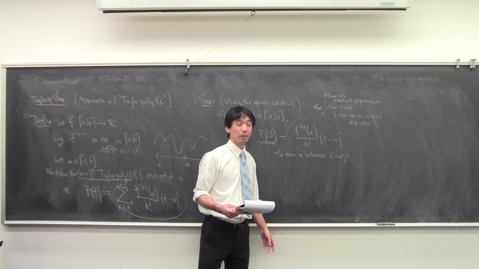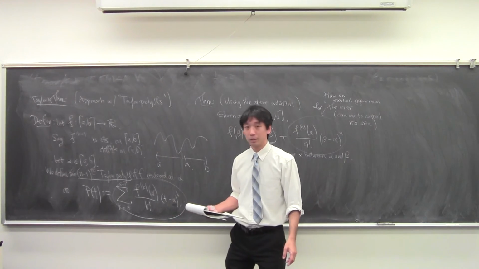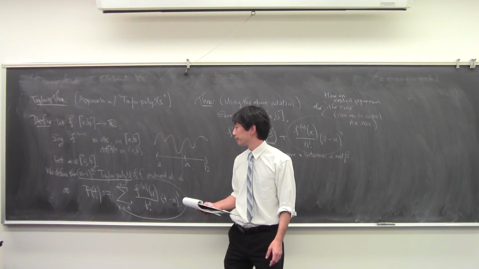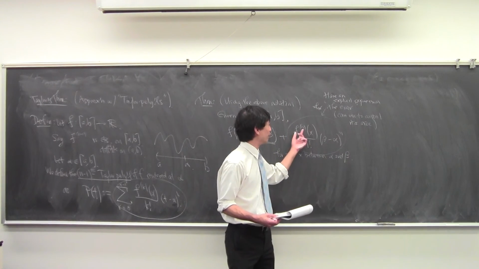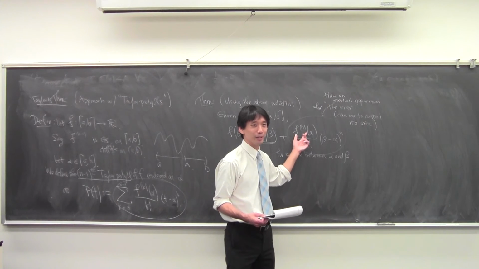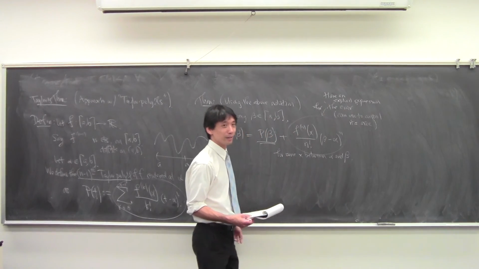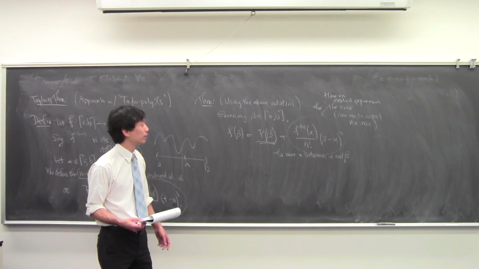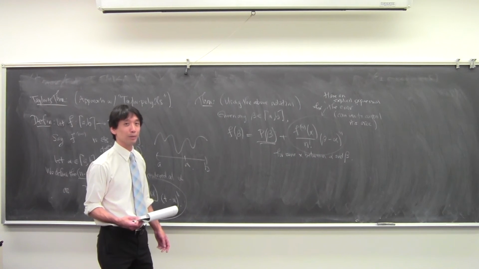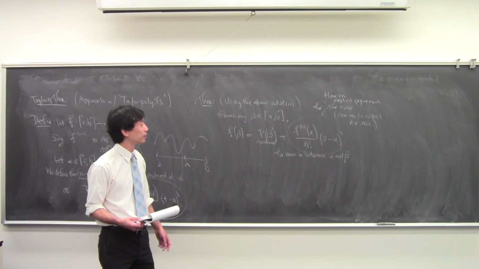If you had the Taylor polynomial with k going from 0 to n, would that eliminate the error? No, it would give you an error one degree higher. So there's always an error then? Yes.